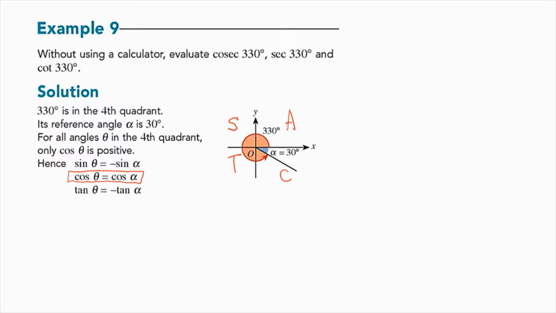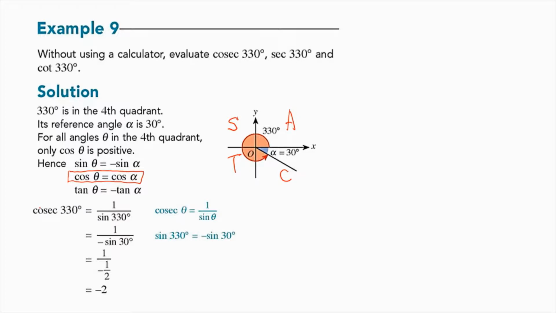Cosecant 330 degrees equals the reciprocal of sine, so 1 over sine 330 degrees. Then sine 330, what is it equivalent to? Sine 330 equals negative sine of the reference angle, as mentioned earlier.